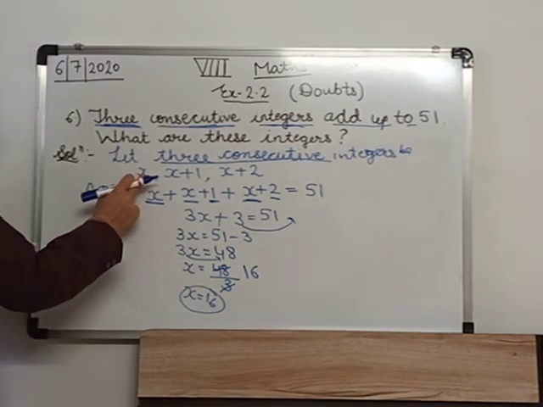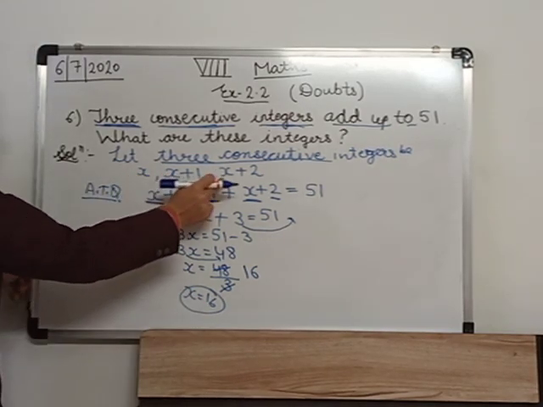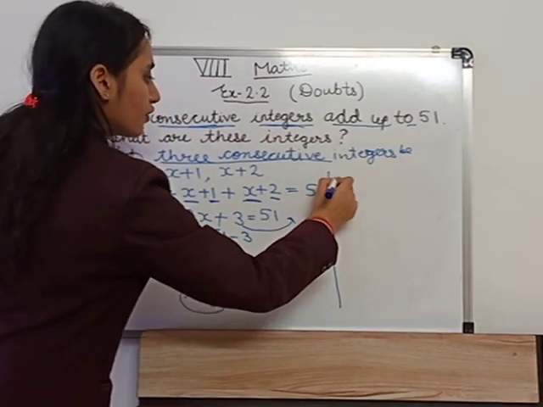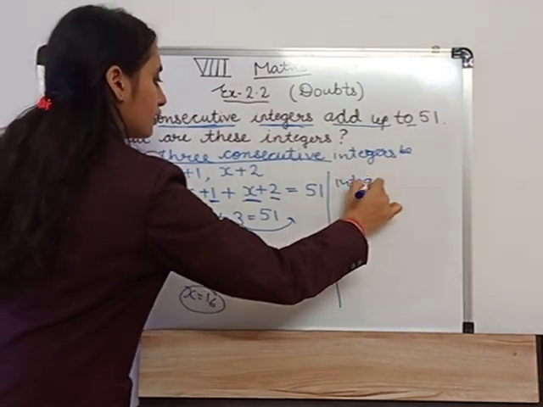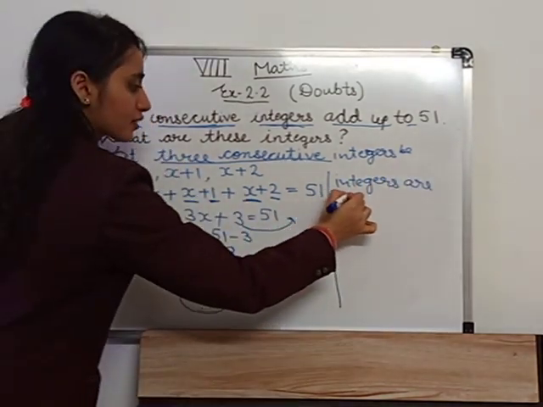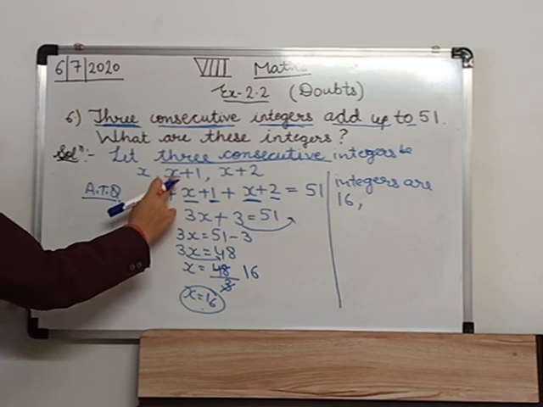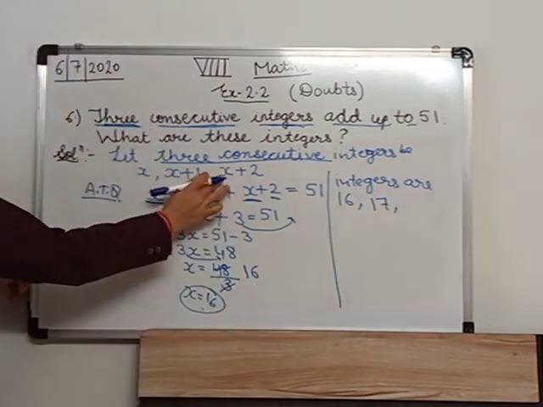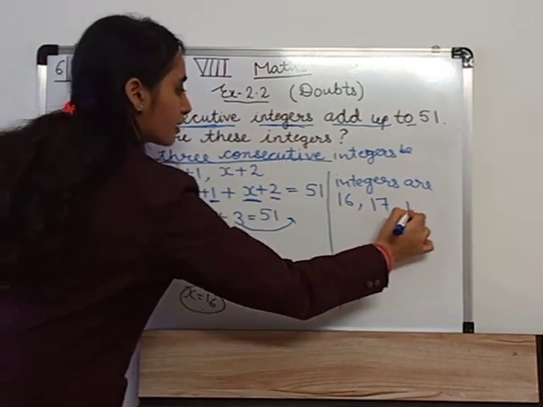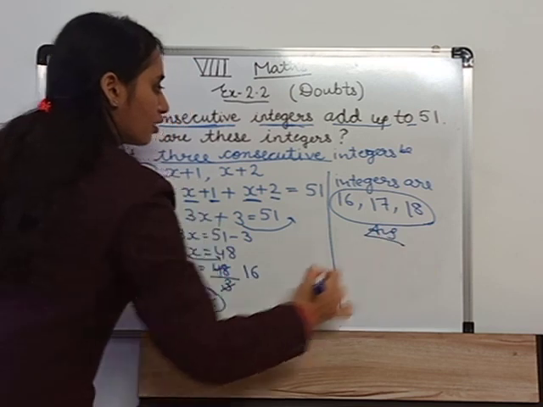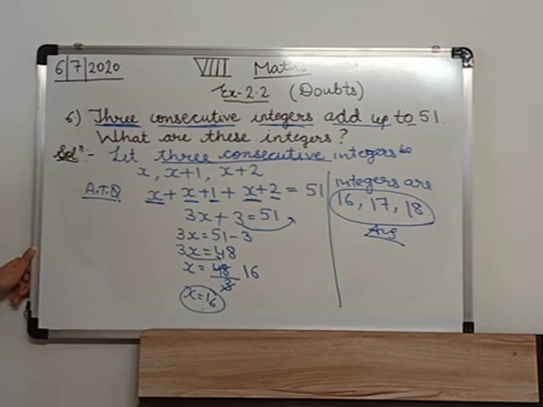Put the value of x in them. First integer is x, that is 16. Next one is 16 plus 1, 17. After that 16 plus 2, 18. This is our answer. These are the 3 consecutive integers.